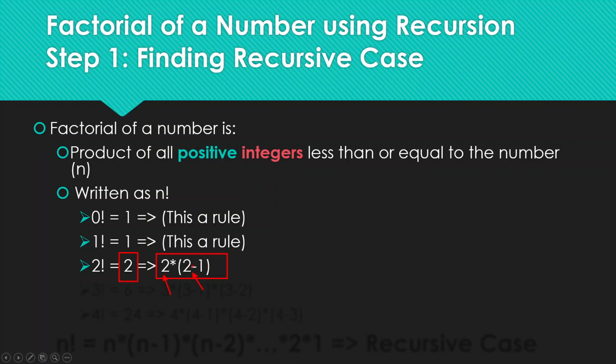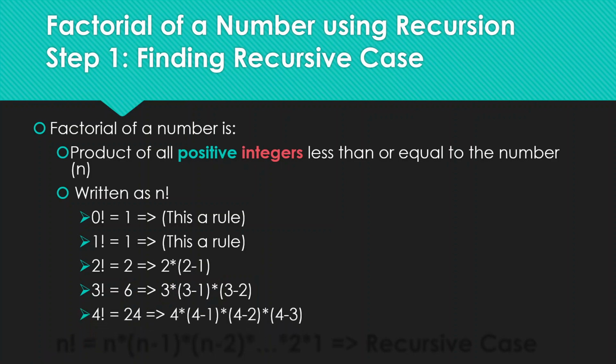So this is just going to be 1 times 2. So we get the answer 2. Then we have factorial of 3, for example. So it's going to be 3 times 3 minus 1 times 3 minus 2. So 3 minus 2 is 1, so we stop there. So it's going to be 1 times 2 times 3, which is going to give us the answer, which is 6.